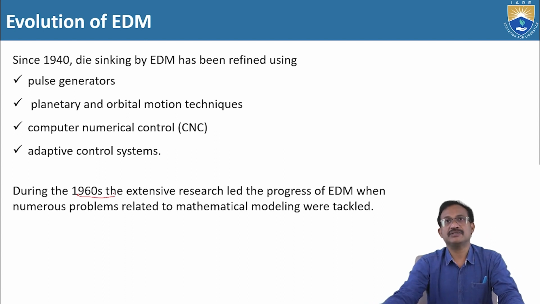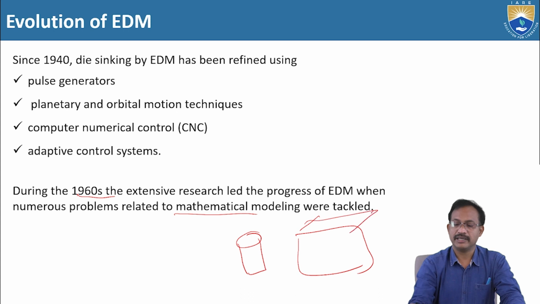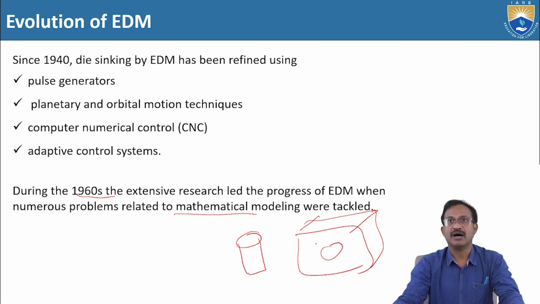During 1960s, extensive research led the progress of electrical discharge machining when numerous problems related to mathematical modeling were tackled. In order to machine regular shapes like a cylindrical hole in a prismatic bar, let us say we have a hole from this face, we can make it by using a drilling machine.